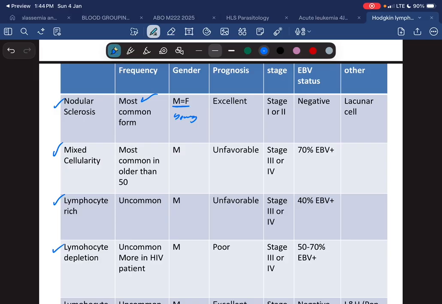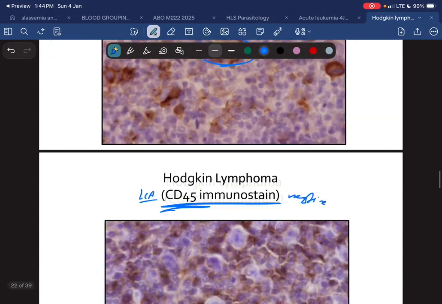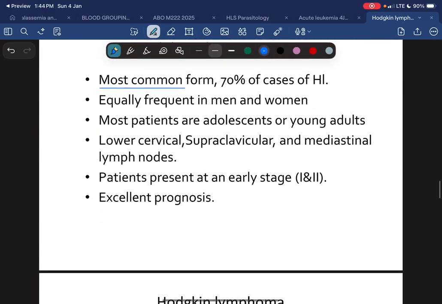Lymph nodes involved are cervical, supraclavicular, and mediastinal, respectively. It presents at an early stage, so it is associated with good prognosis. We will talk about staging of Hodgkin lymphoma. It usually presents at an early stage, and it has an excellent prognosis.